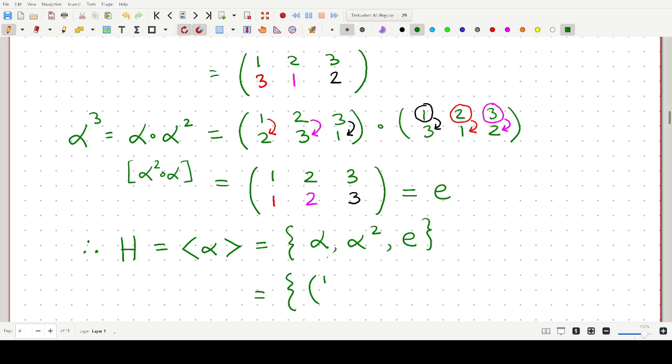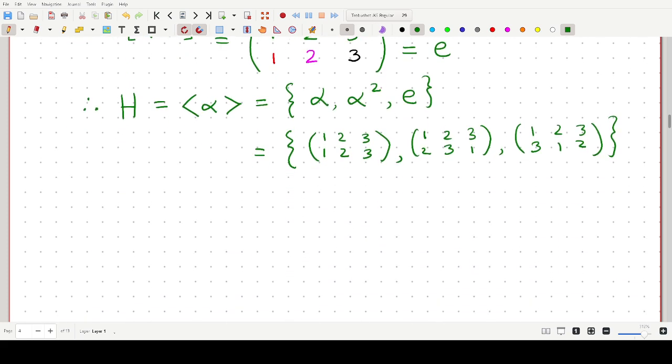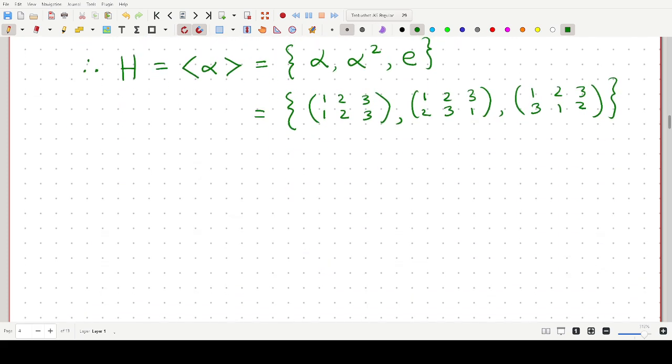We can write 1 goes to 1, 2 goes to 2, and 3 goes to 3 as our first element, which is E. 1 goes to 3, 2 goes to 3, and 3 goes to 1 as our alpha. And 1 goes to 3, 2 goes to 1, and 3 goes to 2 as our alpha squared. So this is our subgroup H.